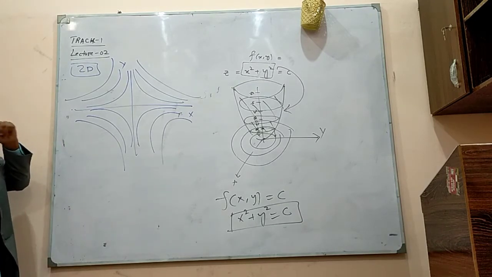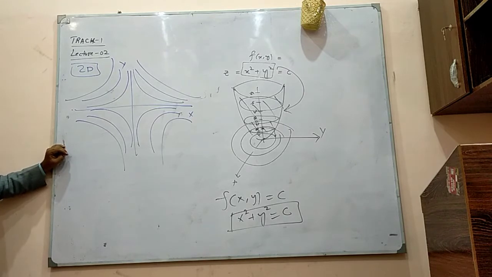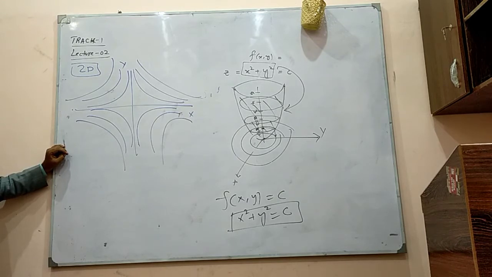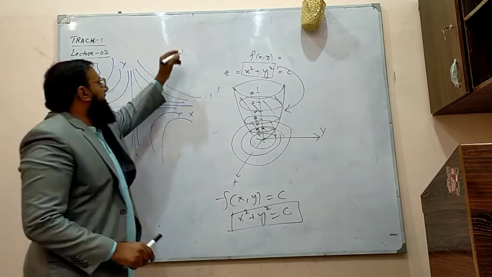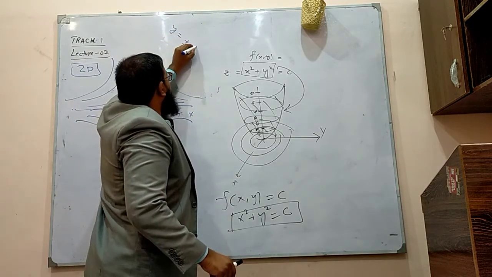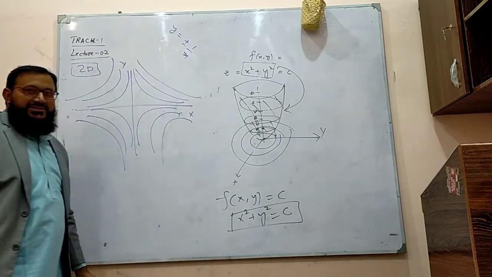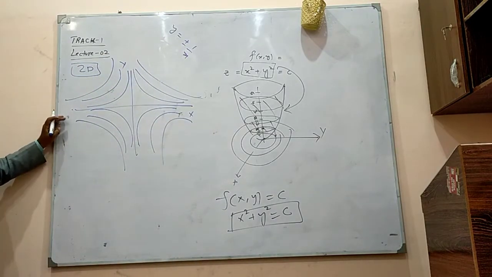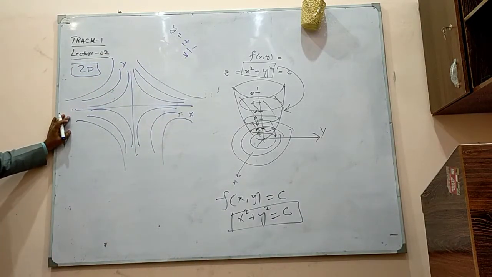So 1 upon x, plus and minus. And then if we repeat its value, then maybe we find these graphs separately. It means you claim it to be y equals plus 1 upon x and minus 1 upon x. Okay. Is there any other idea behind that?